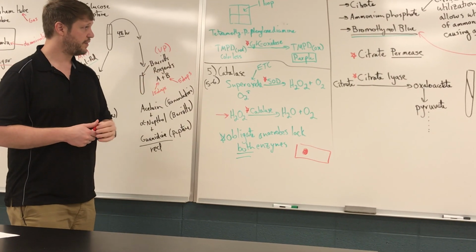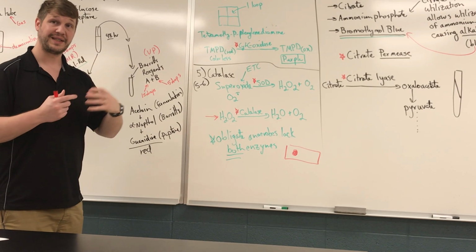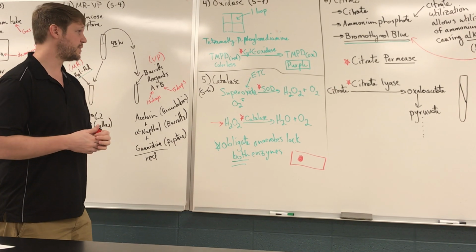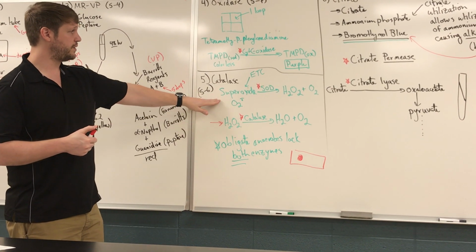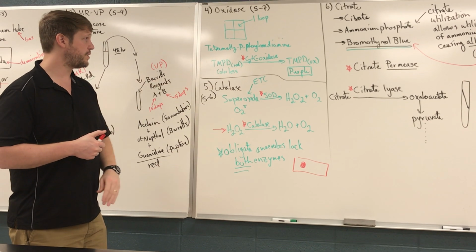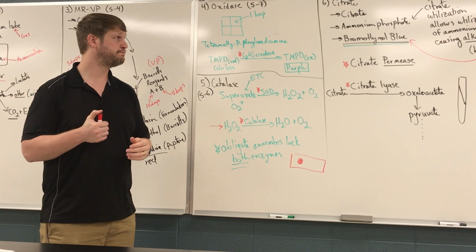And then the second theme is looking at something related to the oxidative capacity of the microorganism, something related to an electron transport chain, utilizing either the catalase test or tetramethyl-p-phenylenediamine.